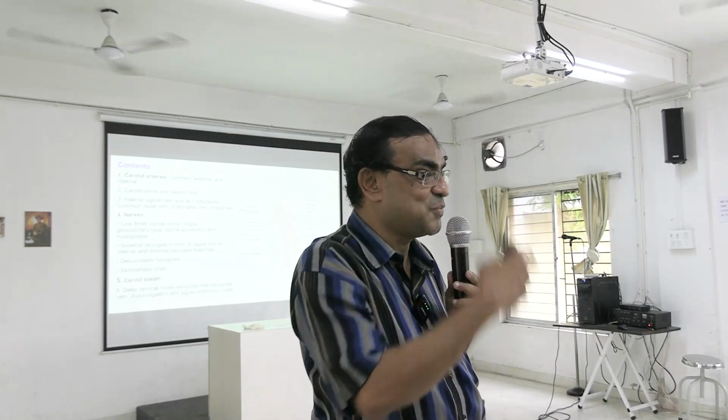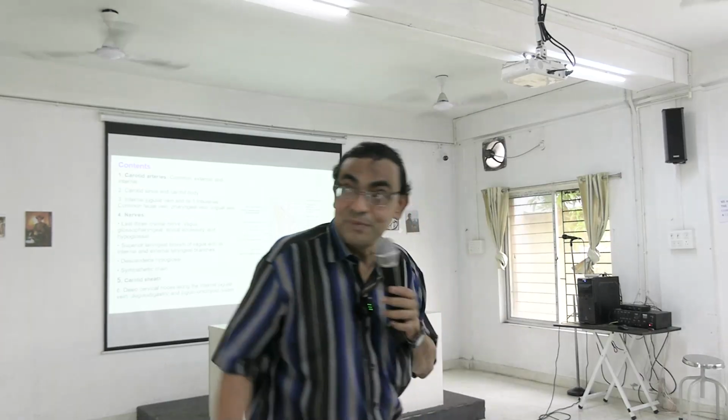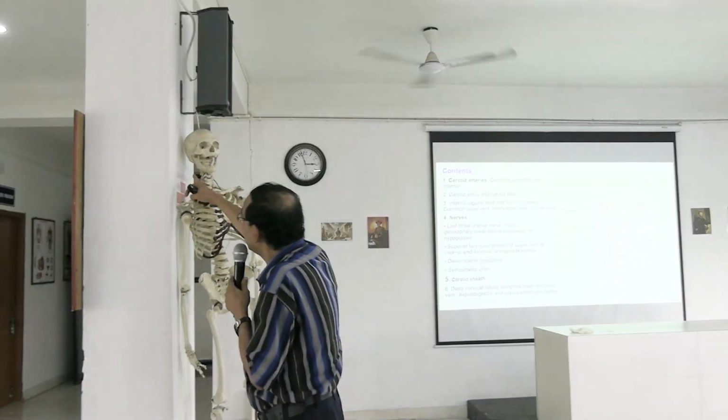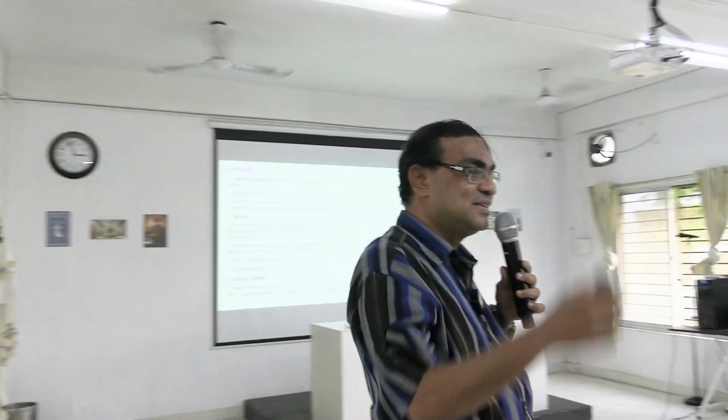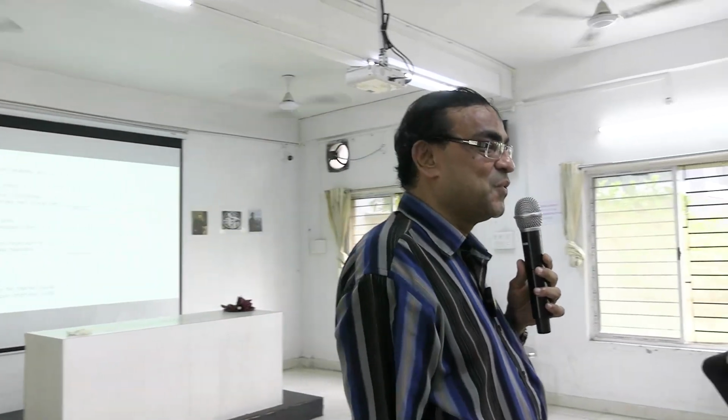From the styloid process of the temporal bone, three muscles are coming up. One is from the styloid process to the hyoid, stylohyoid. From the styloid process to the tongue, styloglossus.